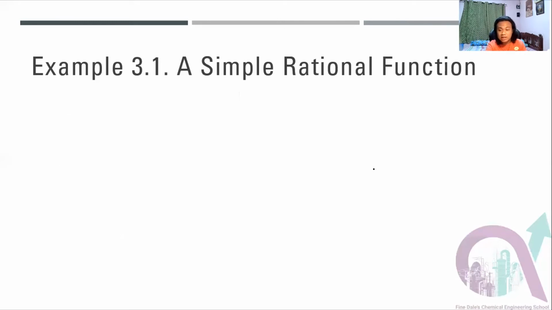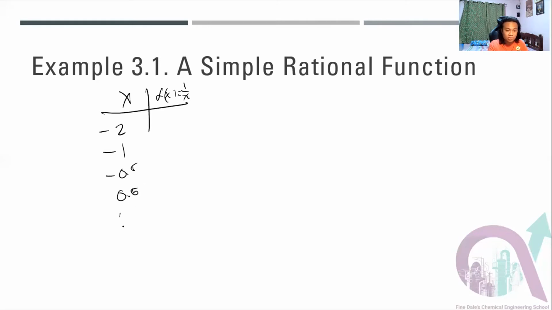So, gamitin natin yung test values kanina, for example, negative 2, negative 1, negative 0.5, 0.5, then 1, then 2. So, kung i-substitute ninyo siya sa 1 over x, then you will have negative 1 half, negative 1, negative 2, 2, then 1, then 1 half.